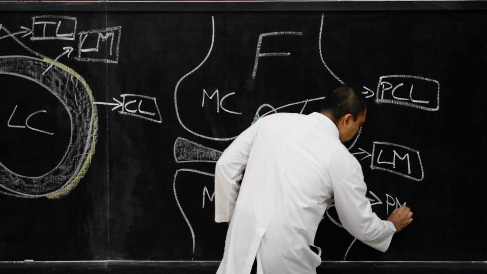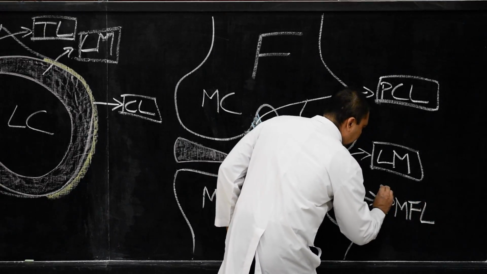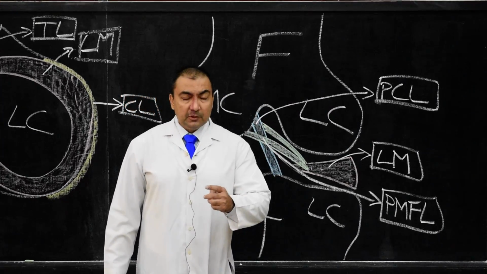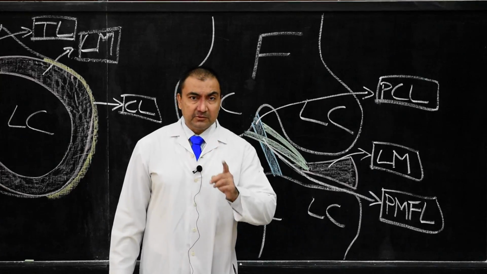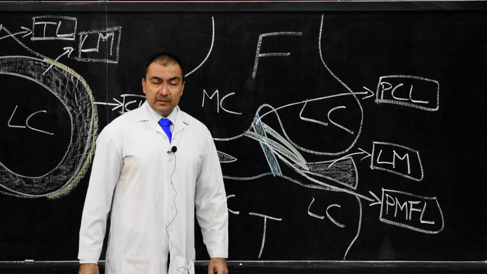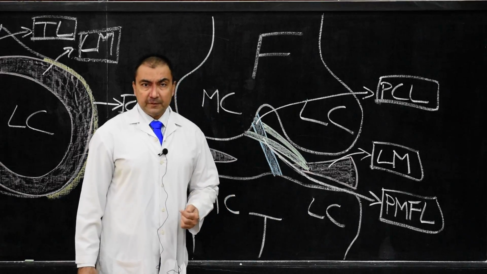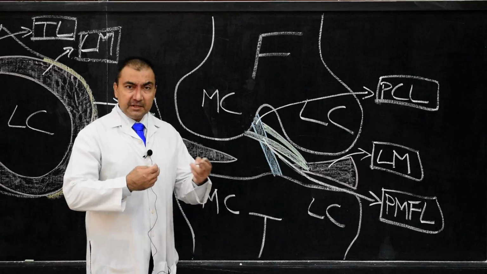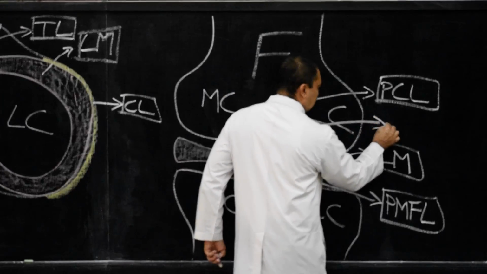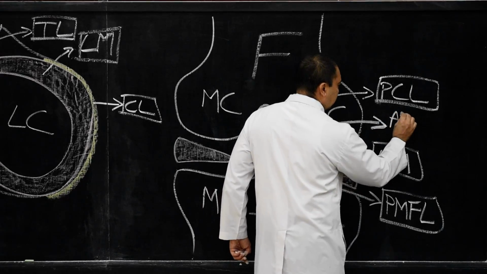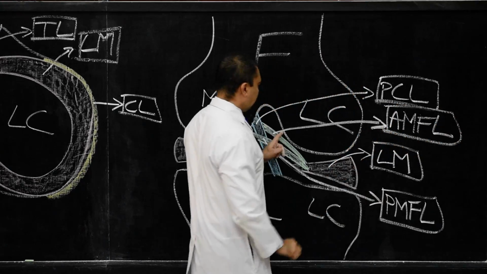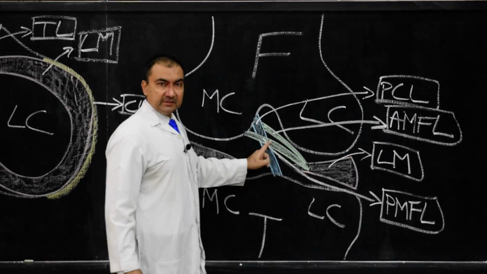Now you have to remember the name, because a one mark question or MCQ is asked based on this. What is the name of posterior meniscofemoral ligament and what is the name of anterior meniscofemoral ligament? First, we'll just write down anterior and posterior meniscofemoral ligament. Now we mark this as the anterior meniscofemoral ligament.